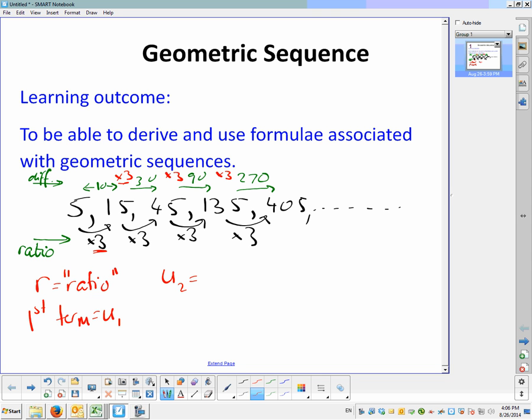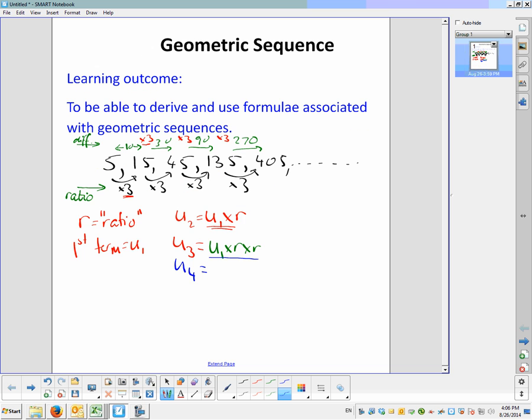Well, it's obviously just the first term times by the ratio. Third term, you take the second term, exactly the same, and times by the ratio again. You can probably see what's going to happen. The fourth term, we take the third term, and we times it by the ratio again.